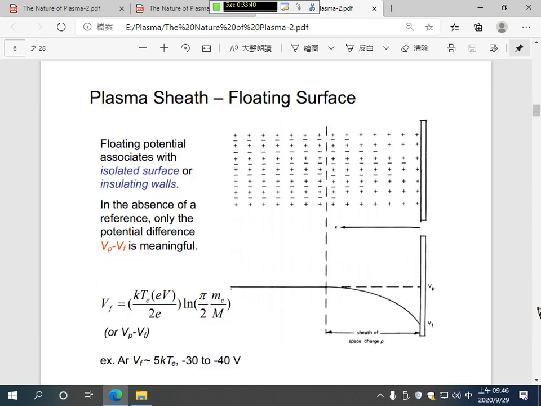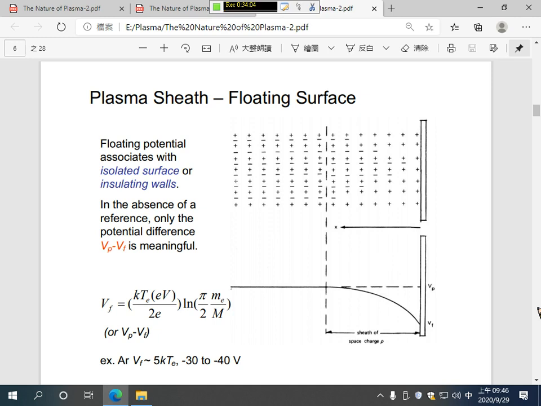Floating sheath. In this case, we place a piece of substrate or a piece of material inside the plasma. For example, if we place a piece of plastic, plastic is an insulator.